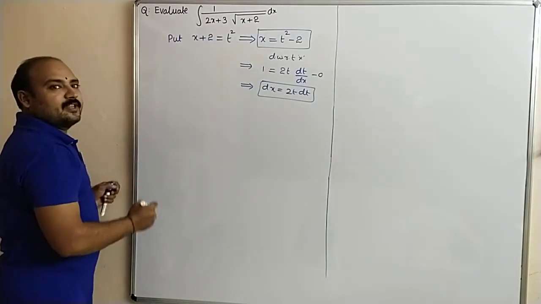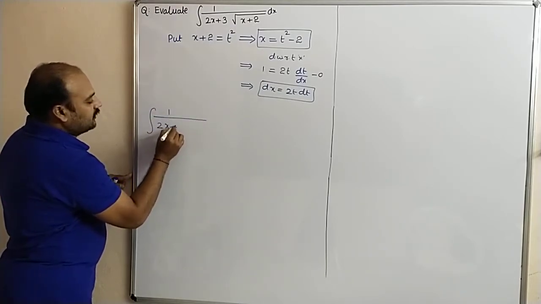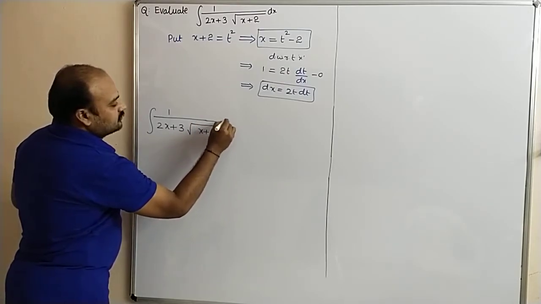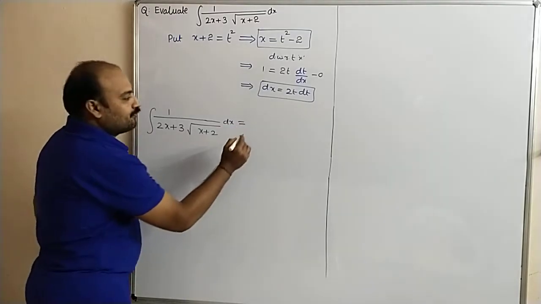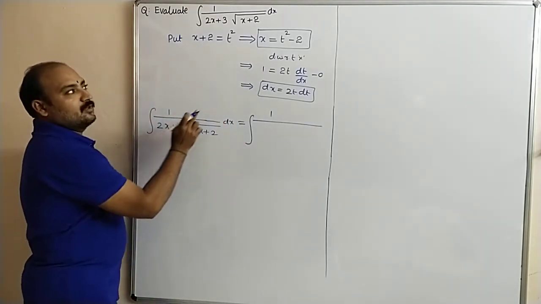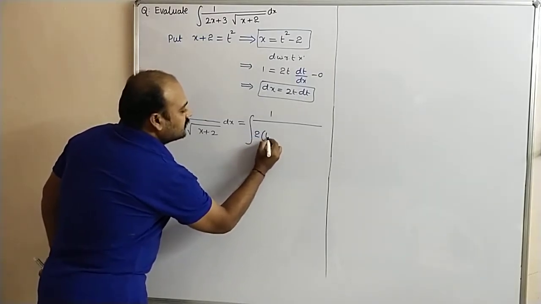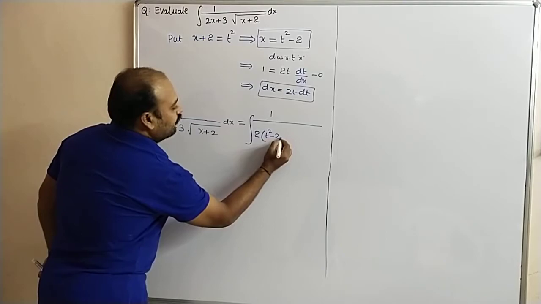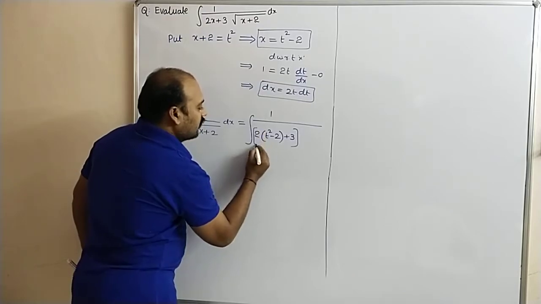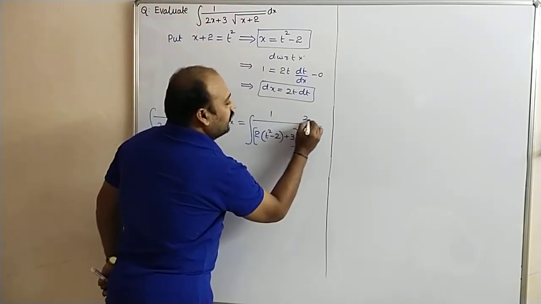After that, consider the given integral again. Integral 1 by (2x plus 3) into square root of (x plus 2) dx is equal to integral 1 by, in place of x, replace with t square minus 2. So 2 into (t square minus 2) plus 3, into square root of t square, and in place of dx, 2t dt.